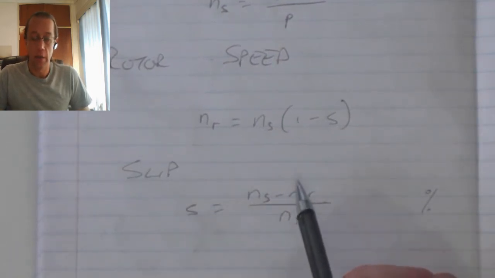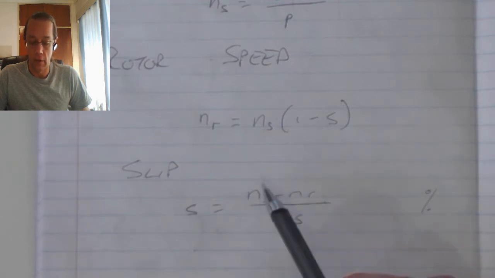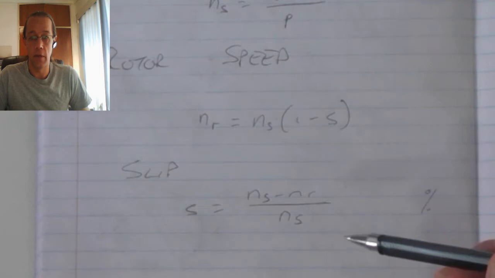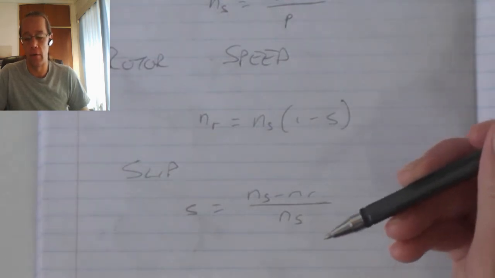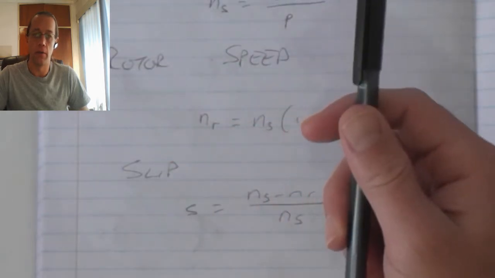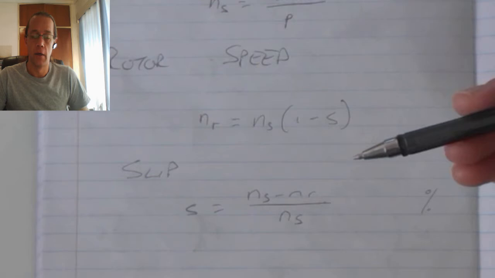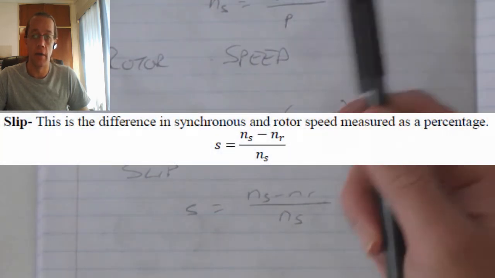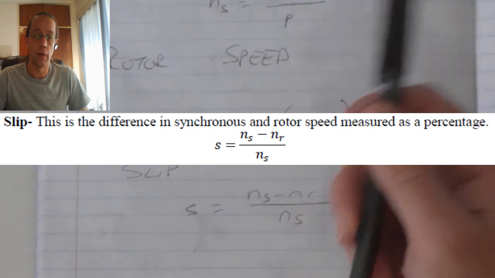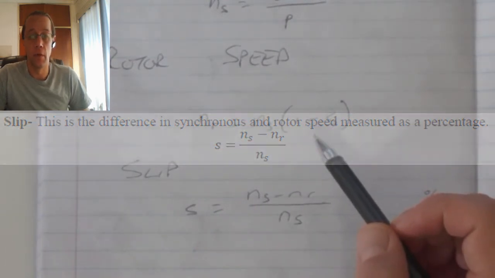Basically what it does is, every cycle, because the synchronous or the rotating magnetic field is pulling the rotor around, due to loads and losses on the rotor itself, it is going to rotate at a slower speed than the rotating magnetic field.